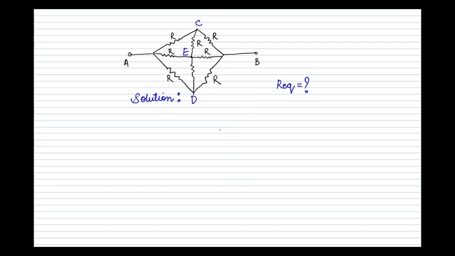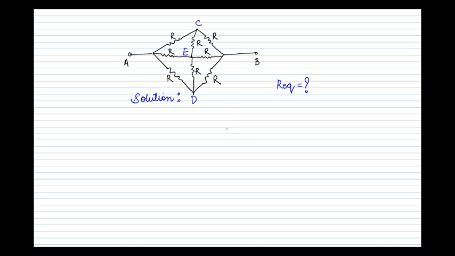Now we want to redraw the circuit because this is no more a Wheatstone bridge. We have 4 plus 4, that is 8 resistances in all, so there is nowhere we can modify this into a Wheatstone bridge. So what we do is we try to draw an equivalent circuit of this, and if we are done with the equivalent circuit, then we can easily calculate the equivalent resistance.